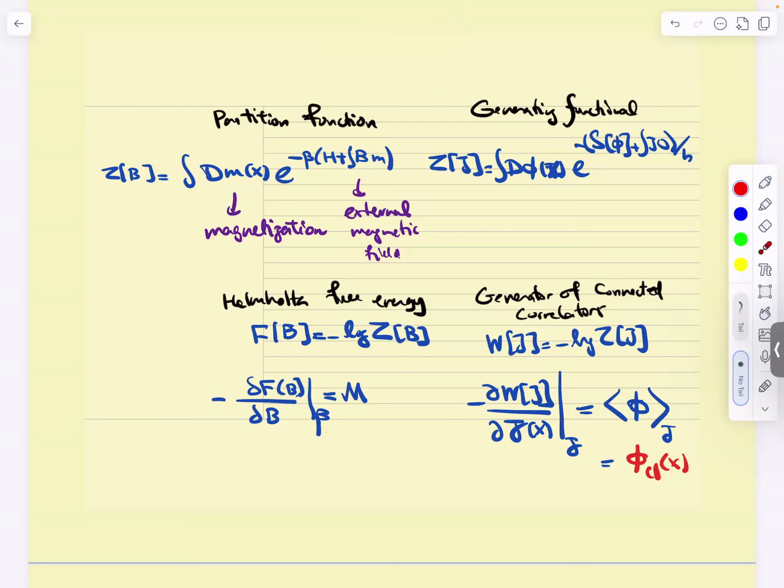So you want to write this as e to the i W of J. You evaluate this generating functional, then you take the log of it and multiply it by minus i, right?